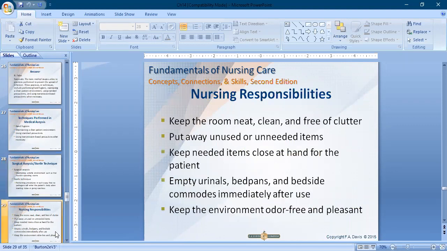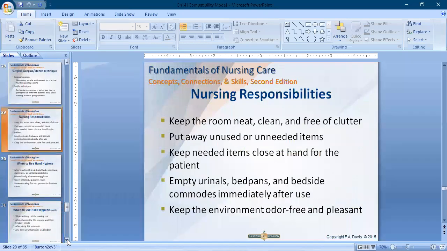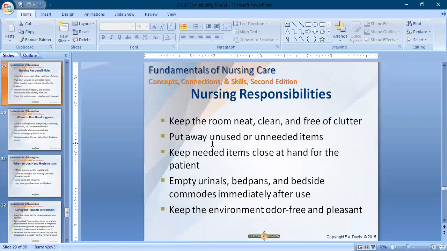Now go here, the nursing considerations or responsibilities. They keep the room clear and free from clutter, put away unused or unneeded items, and keep the needed items close at hand for the patient.